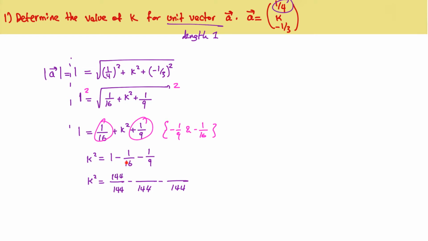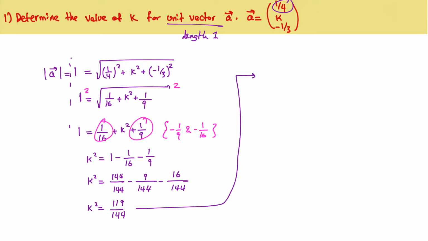For this one, 16 is multiplied by 9 to get 144, so 1 times 9 is 9. And for the last one, the denominator is multiplied by 16, so the numerator is also multiplied by 16. Then k squared is equal to 144 minus 9 minus 16, which gives 119 over 144.